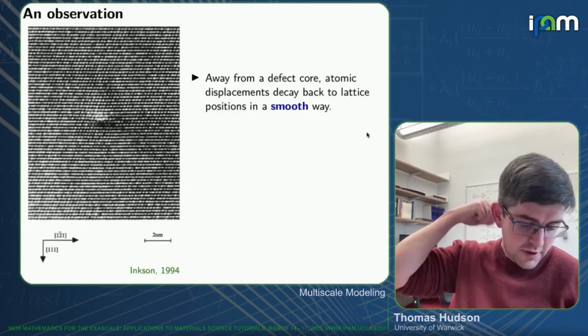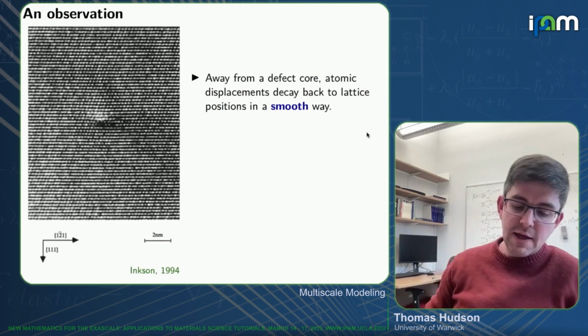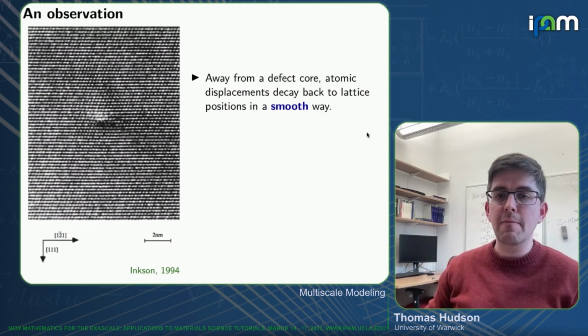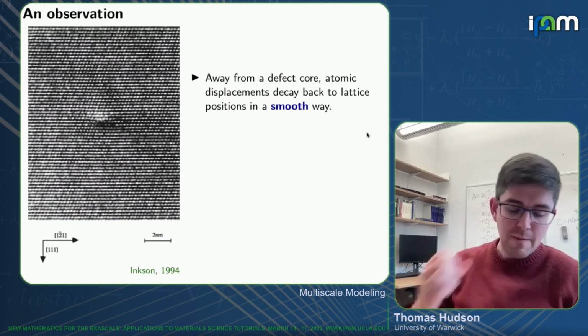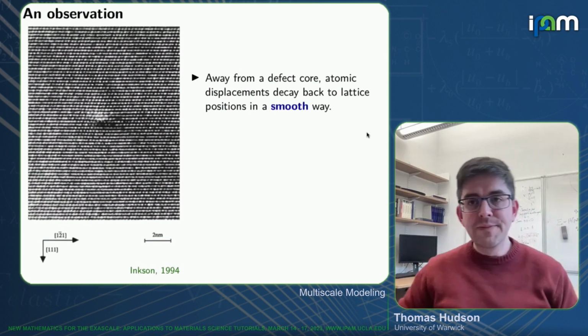And so, as I've alluded to, one thing that we know from experiments and experience is that the atomic displacements away from these discrete defects decay very quickly back to the lattice, right? So this is a TEM picture of a dislocation.